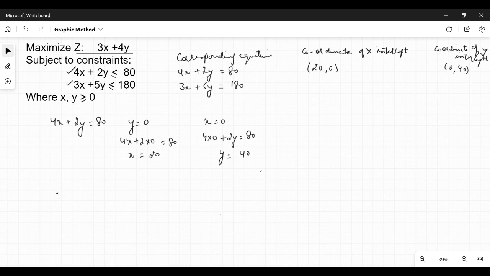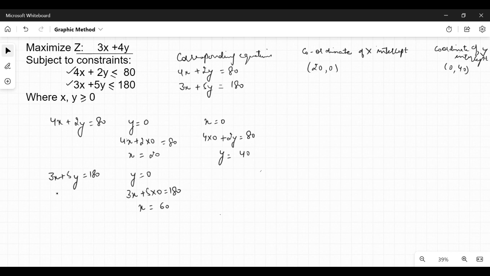In the same way, now we take the second equation, 3x + 5y = 180. First, I put y = 0, so 3x + 5 into 0 = 180, and the value of x is 60.